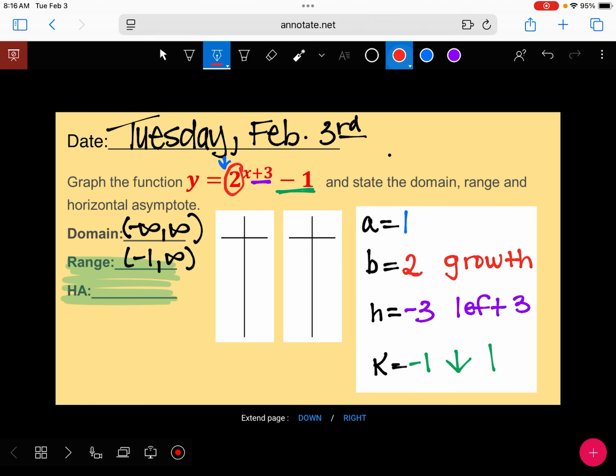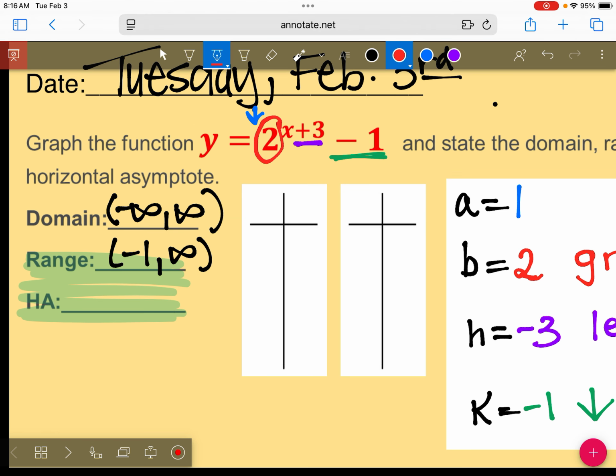So you might want to write that rule that is K to infinity. That's what you're going to use for your range. That's why K is a superstar. And your horizontal asymptote, which is the invisible floor that the graph doesn't cross, that's always Y equals K, which in this example is Y equals -1.